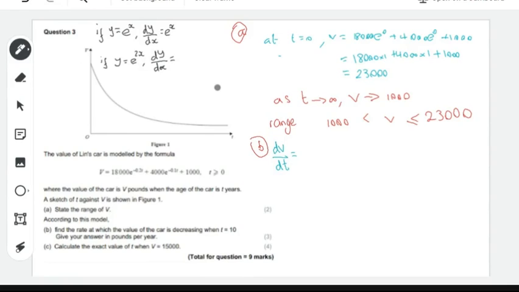With this one, it's going to be 2e to the 2x. What about if y equals e to the power of minus 3x? Minus 3e to the power of minus 3x. And so on and so forth. So you differentiate, but you don't change the value of the power. Yeah, more or less.